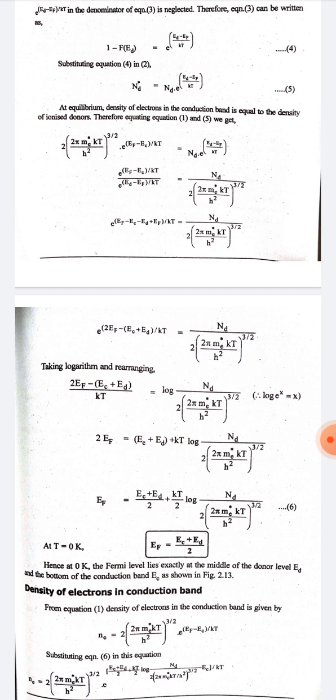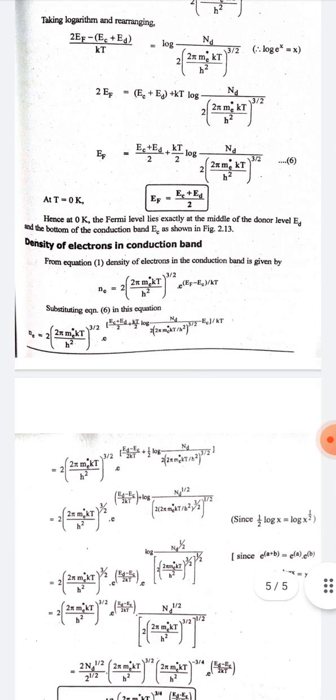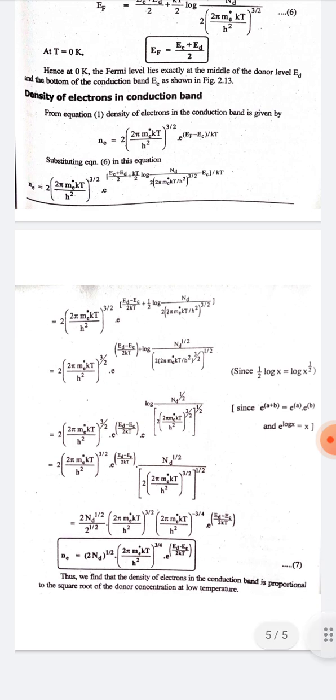This is the value of Fermi energy level at 0 Kelvin. From this equation, we can conclude the Fermi energy level lies between conduction band and donor energy level.